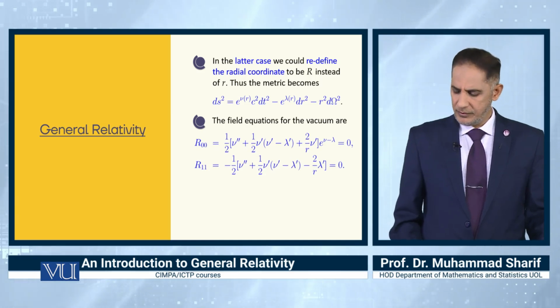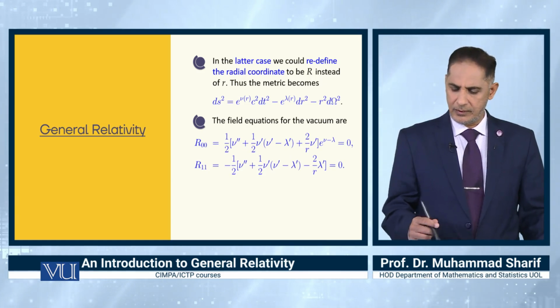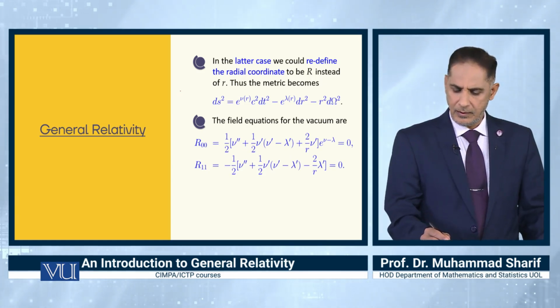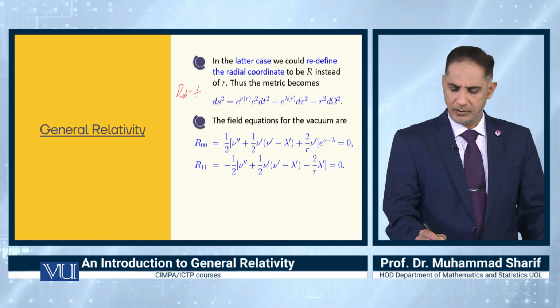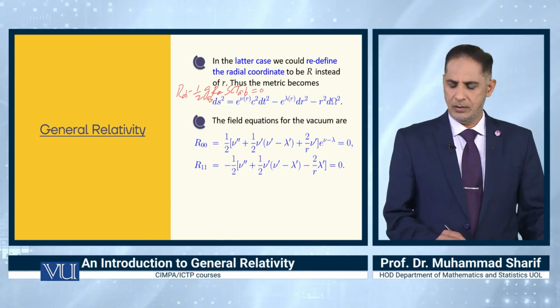In fact, when we consider the vacuum field equations, we say that R_ab minus half R g_ab is equal to kappa T_ab. That means this is equal to 0.